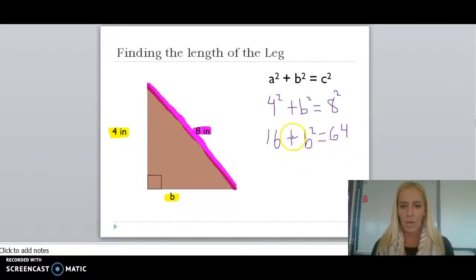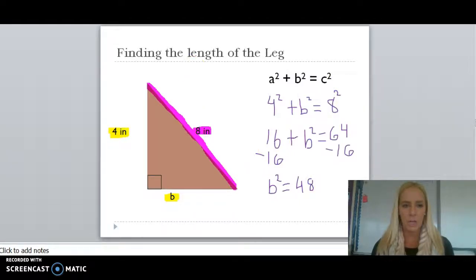Now I'm going to apply what I know about equations. My goal is to find b, or get b by itself. So I'm going to subtract 16 from both sides, and that will isolate my variable, which is b squared. So b squared equals 64 minus 16, which is 48.